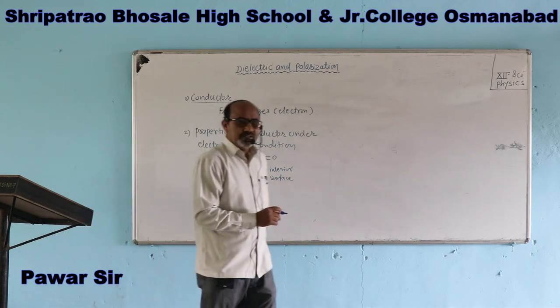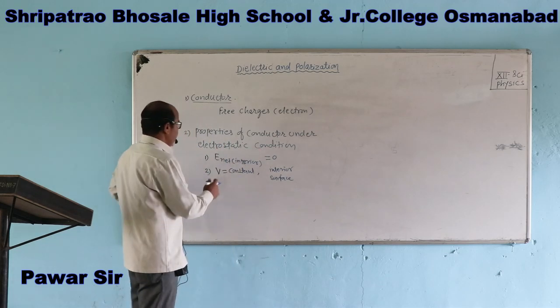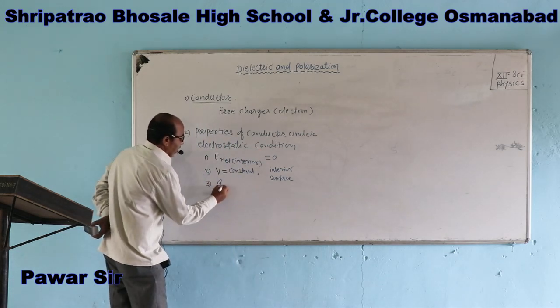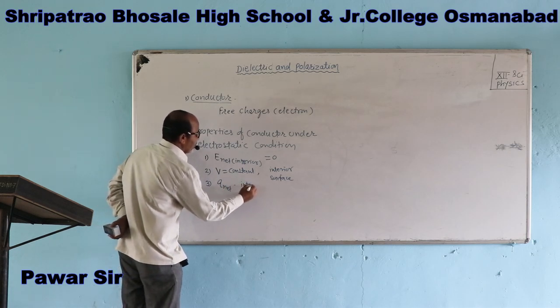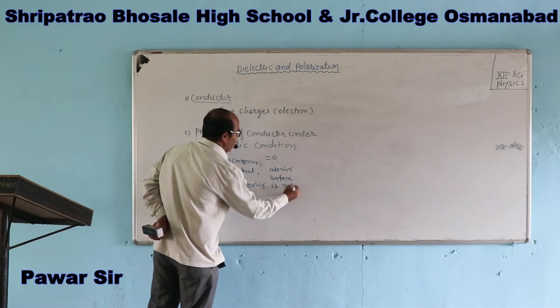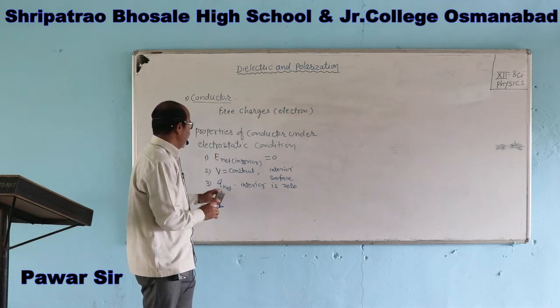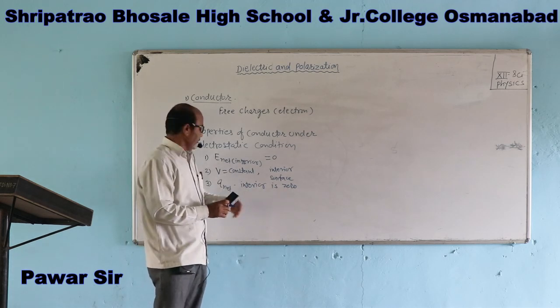What about electric charge? The charges are not moving, they are stationary. Hence, the net electric charge in the interior part of the conductor is zero, or there is no net electric charge inside the conductor.